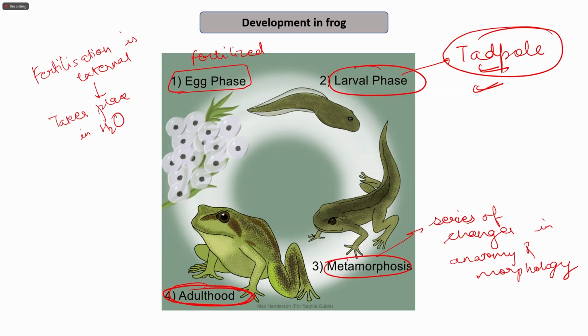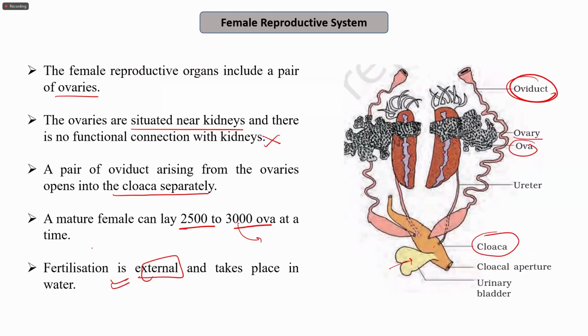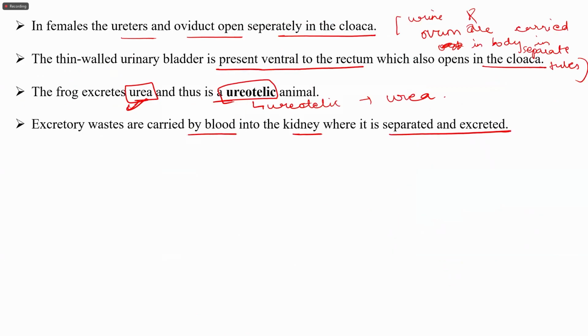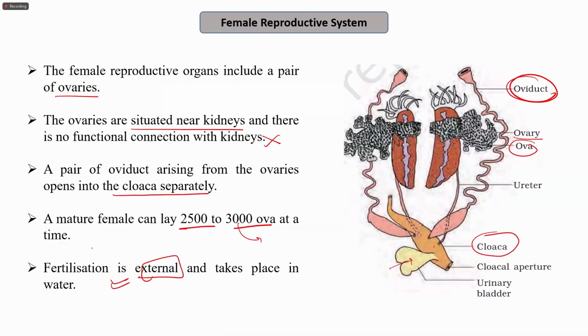So this is the development in the frog, and this is how the cycle continues. With this, it's the end of the different organ systems that are present in the frog, and it is also the last lecture on the structural organization in animals.